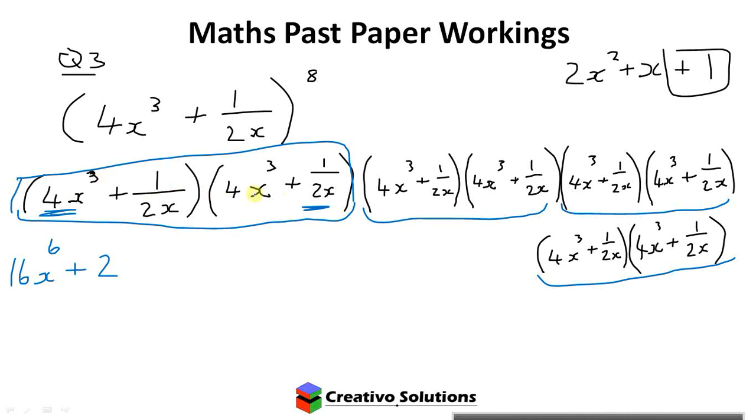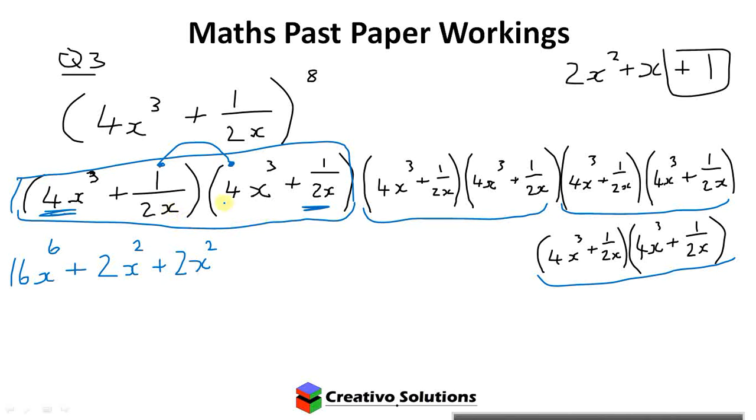Then I've got x to the 3, and I can cancel that with the x, I'm left with x squared. Then I need to multiply those two together. Same thing, 4 times 1 over 2x, so I'm going to have 4 cancelling with the 2, I'll be left with a 2, and then an x squared.